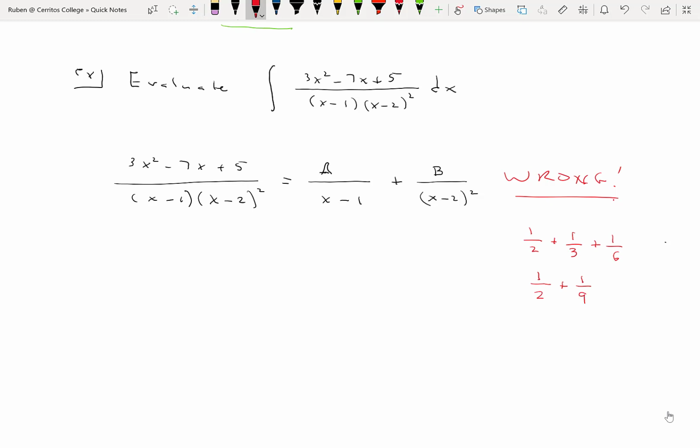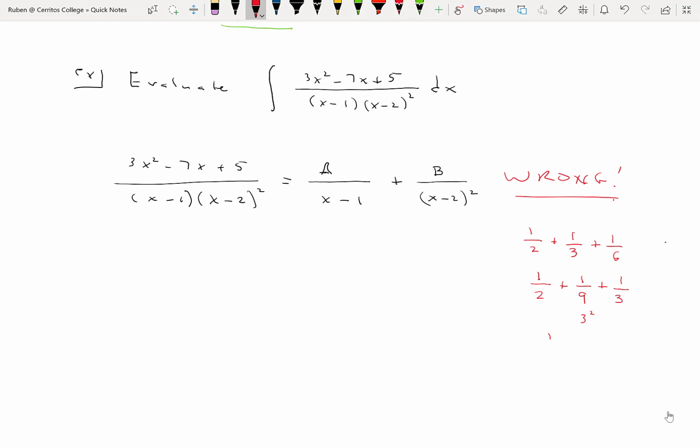1/2 and 1/9. It would be 18. So what's the least common denominator now, adding 1/3? It's still 18. 9 is 3 squared.